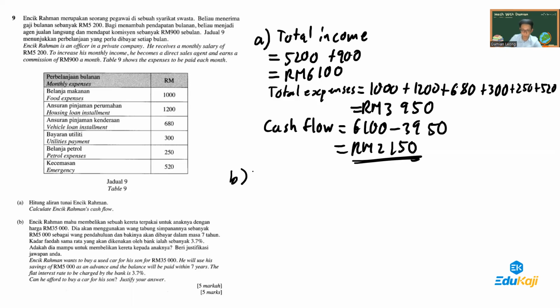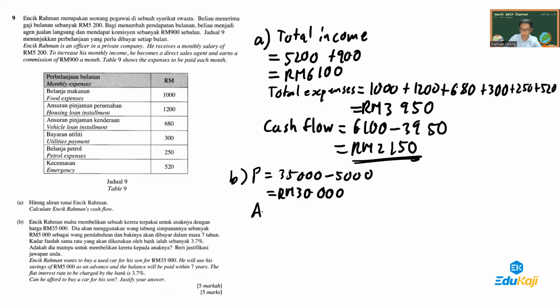So I find the principal for the car, which is 35,000 minus the 5,000 advance, means down payment. So 30,000 ringgit, the amount that you pay first. The rest will be on the loan 7 years.